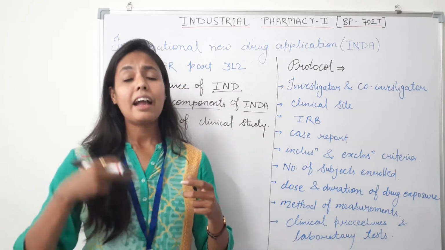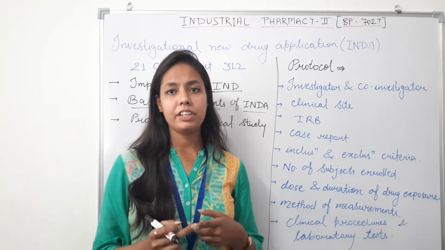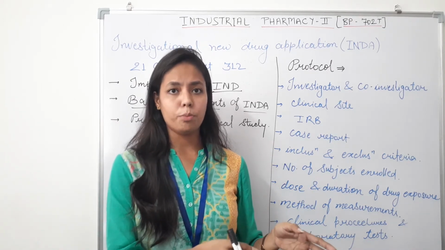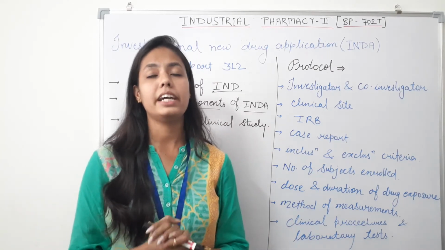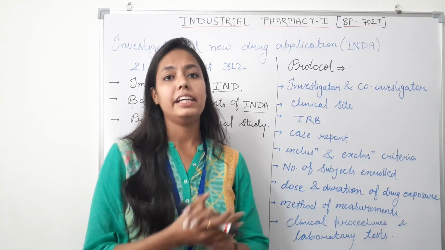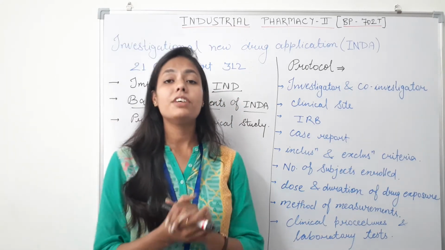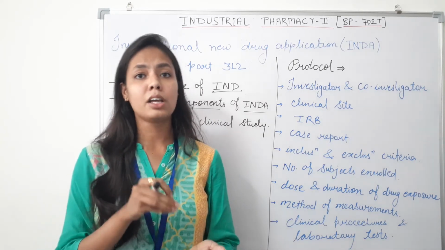After this, it will also include a summary of the safety and efficacy profile of the drug if it was studied earlier in humans, and various guidelines regarding the management of the subjects who will participate in the trial. So these are the various contents which we must include in any investigator's brochure.